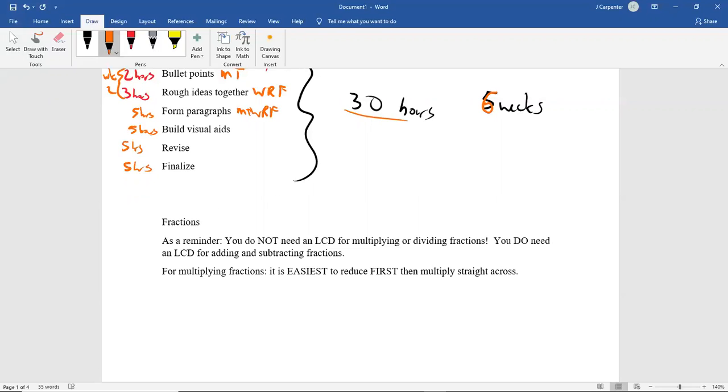I'm not saying you have to, you can multiply then reduce, but it's easier if you reduce first. For dividing fractions, you will change to multiplication and flip the fraction, which means to take the reciprocal of the one that was after the division.